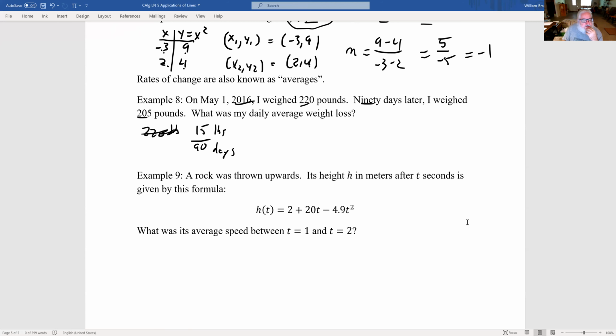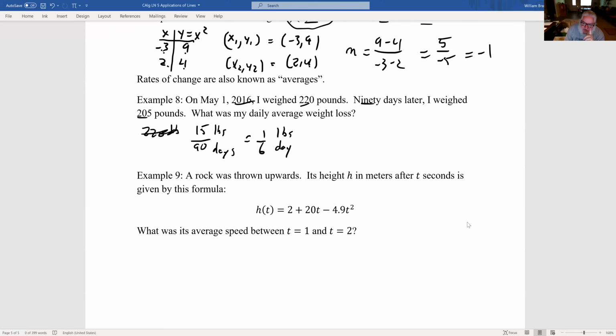That's 1/6, I think. So you can think of it as I lost, on average, 1/6 of a pound a day, or you can think of it as I lost a pound every 6 days, right? Roughly a pound a week, 15 pounds in 90 days.